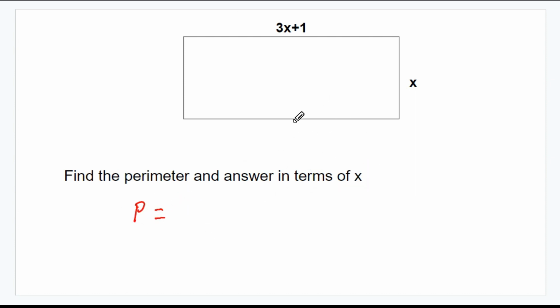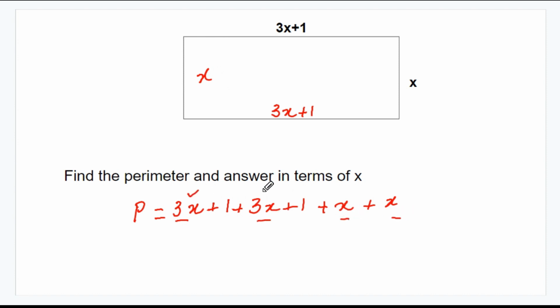Perimeter equals 3x plus 1, and then the other side is 3x plus 1, and then we have x, then again x. Now you need to collect the like terms, so we need to add all the x terms. 3 plus 3 is 6, and this is 7, and this is 8. So we have 8x in total.